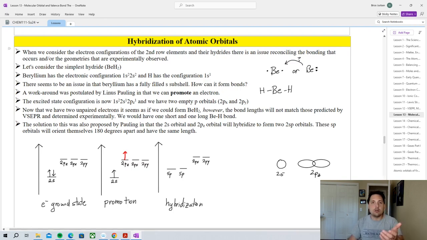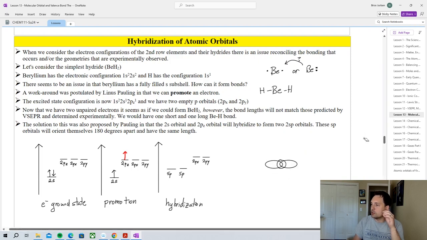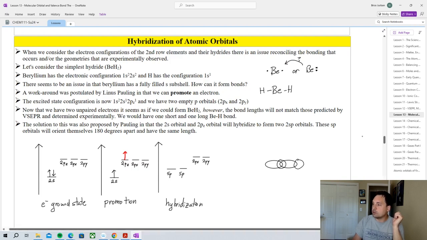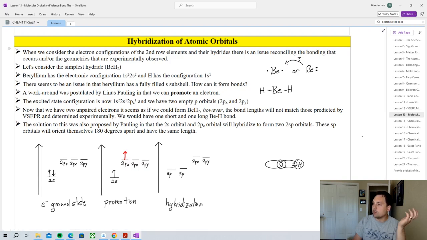And then because these will exist on the same atom, what we would end up getting is this type of a configuration. So we'd have the 2s atomic orbital of beryllium and its 2pz atomic orbital combining with hydrogen, and the hydrogen 1s would go here, and then we'd have another one that's trying to combine with the other orbital, which is spherically symmetric. So it wouldn't work properly.